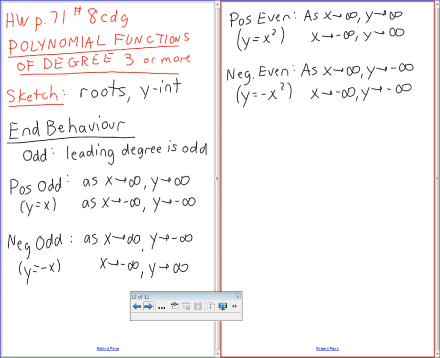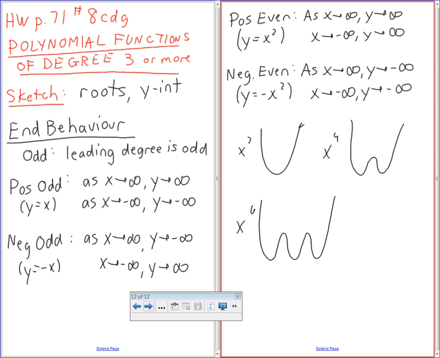So x squared looks like this, x to the fourth looks like this, x to the sixth looks like this. They all have the same end behavior, just the stuff in the middle changes.